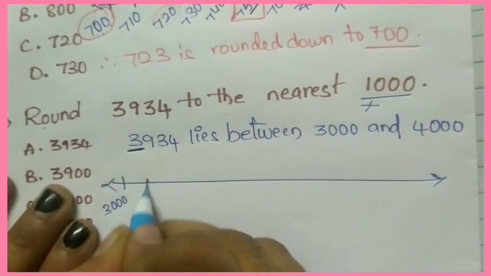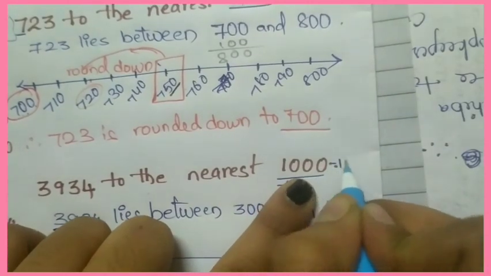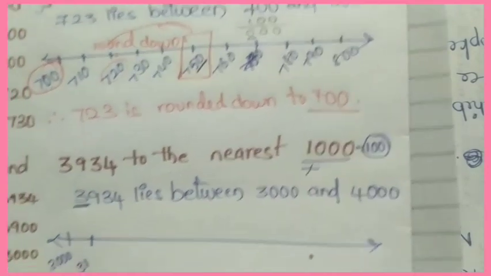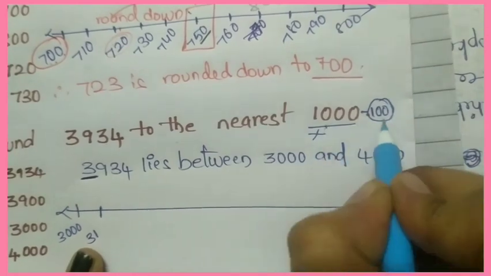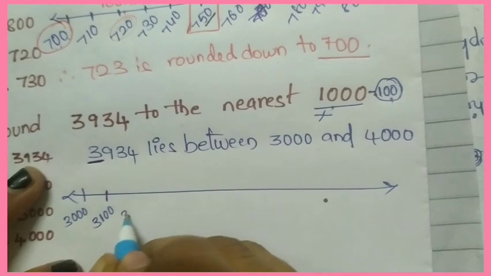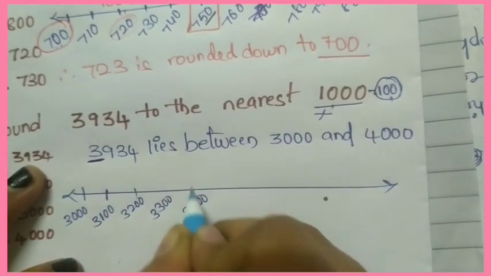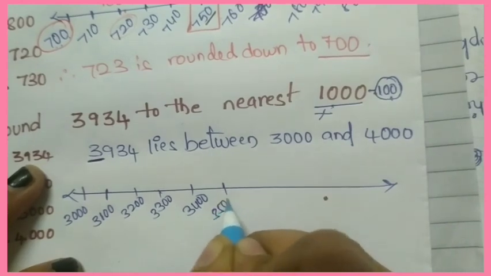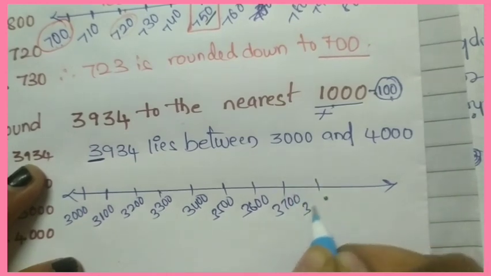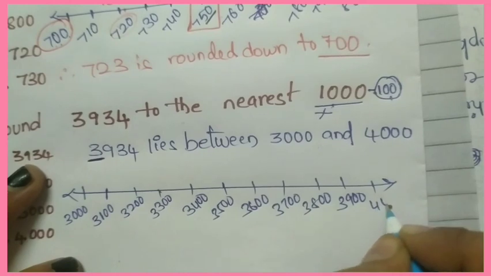Now we will draw a number line. 3000. Here thousands is given, so we have to take 100 as the difference. 3000, 3100, 3200, 3300, 3400, 3500, 3600, 3700, 3800, 3900, 4000.